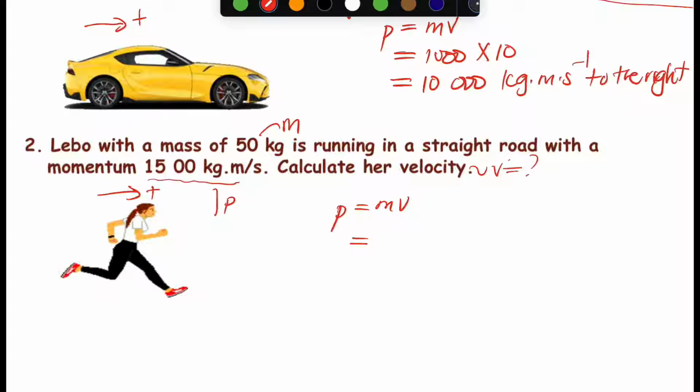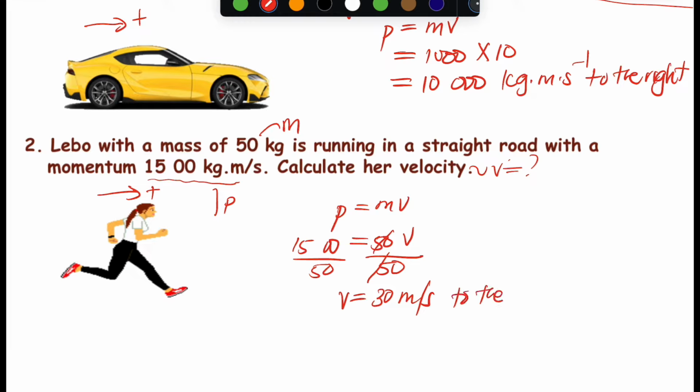So we put 1500, and the mass is 50, and we're looking for V. We divide 1500 by 50, dividing both sides by 50, and so the velocity is 30 meters per second, and the direction is to the right. That's how you calculate the momentum.